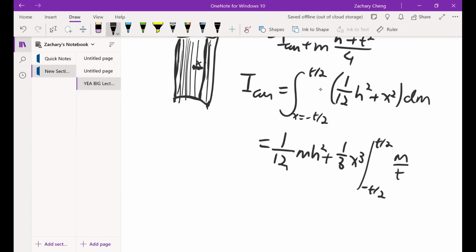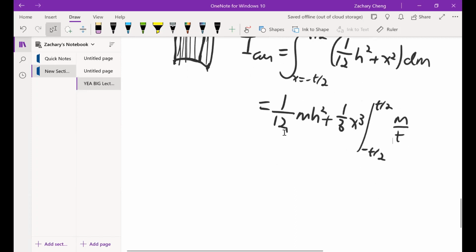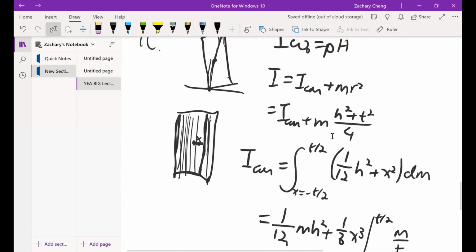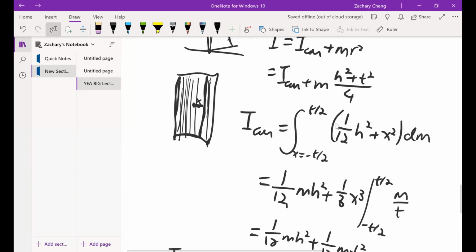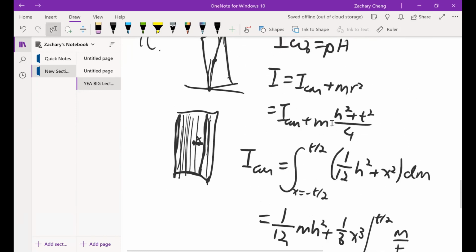Okay, so when we take the second part, 1/3 x cubed, it just becomes 1/12 mt squared. So this is just equal to 1/12 mh squared plus 1/12 mt squared.